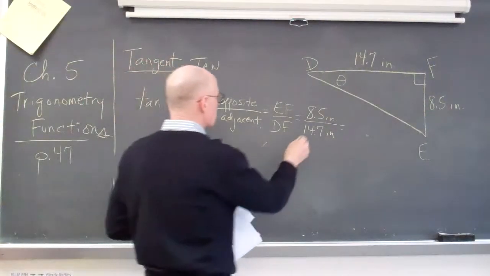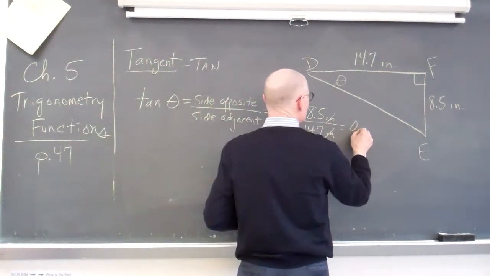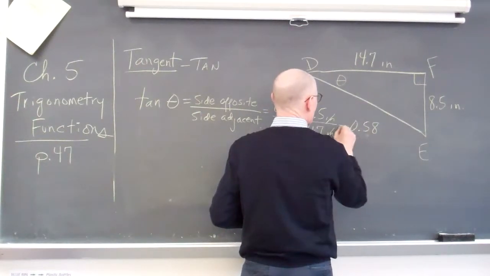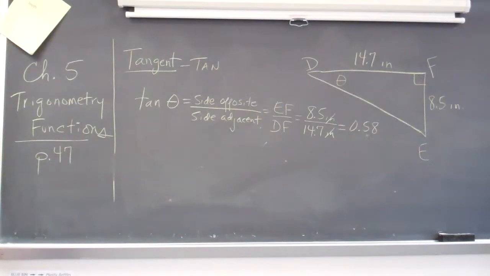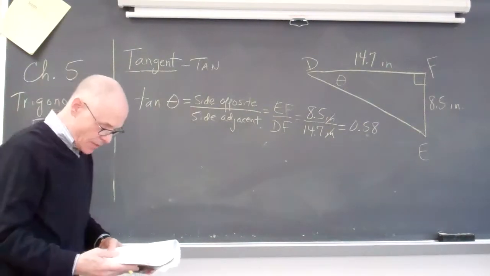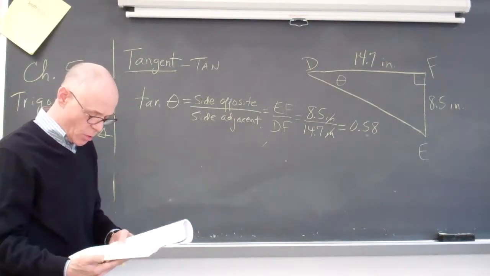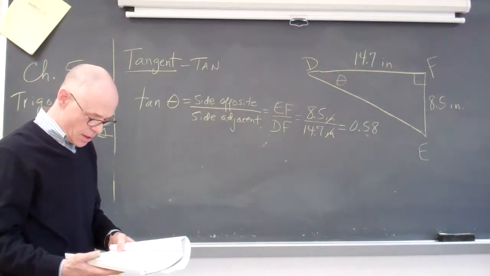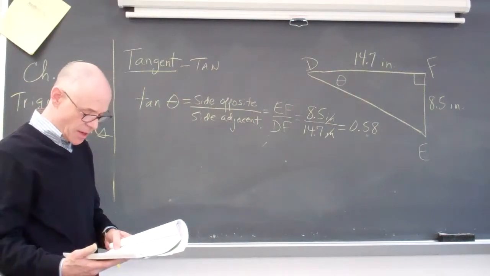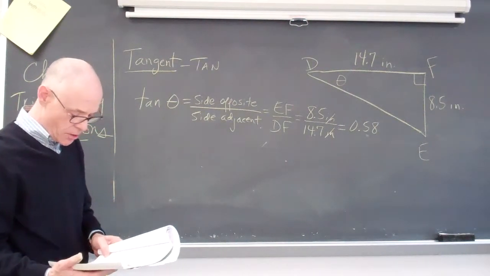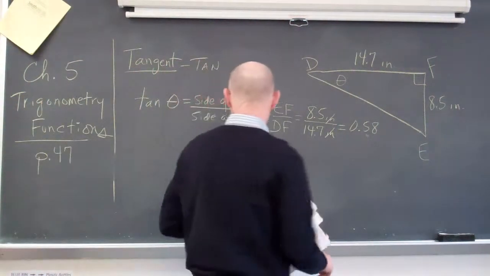Once again, the units cancel out, and the value is 0.58. So go ahead and have a go at exercise 5.4 at the bottom of the page, and you're asked to calculate the tangent of the two given interior angles, theta and beta.